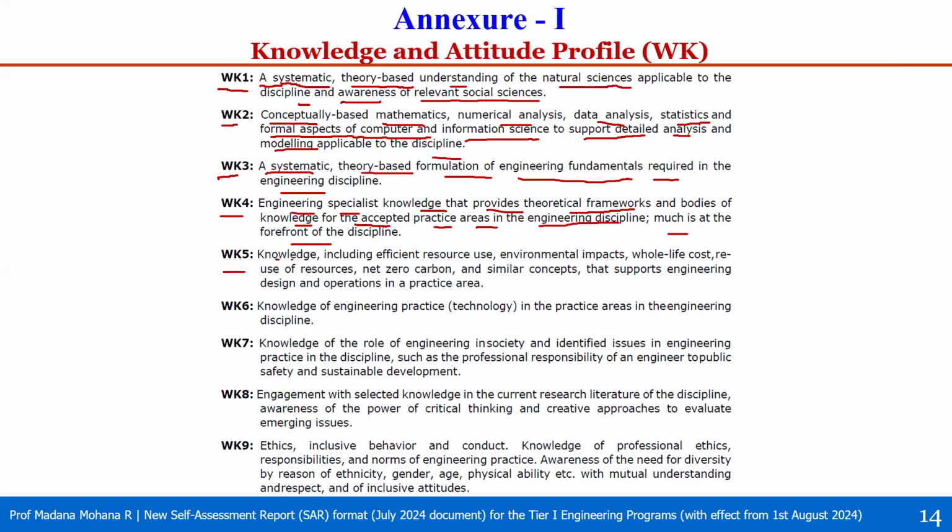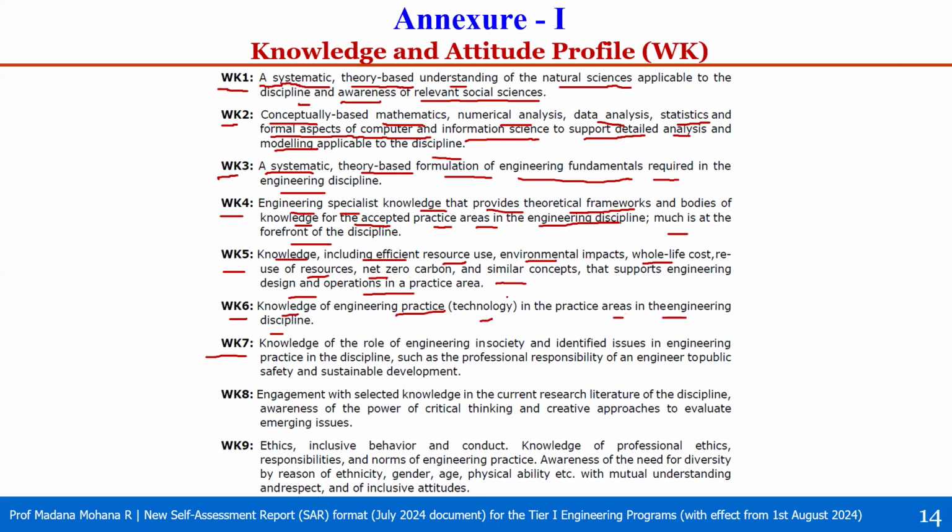Then WK5, knowledge including efficient resource use, environmental impacts, whole life cost, reuse of resources, net zero carbon, and similar concepts that support engineering design and operations in a practice area. Then WK6, knowledge of engineering practice or technology in the practice areas in the engineering discipline.